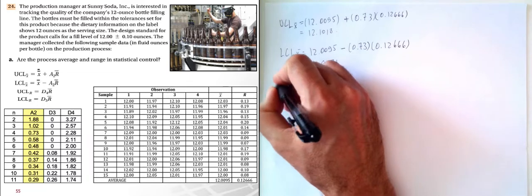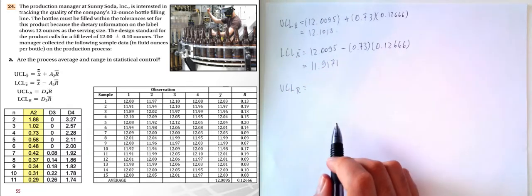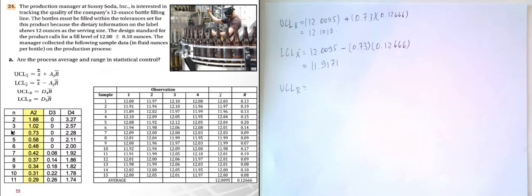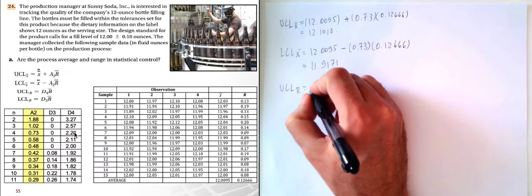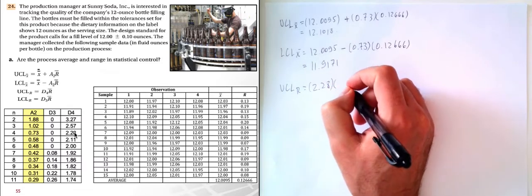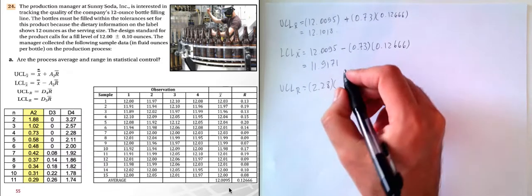Then I can calculate the upper control limit for R, and the formula is there. D4 times R bar, the same N equals 4. D4 is 2.28. So 2.28 times R bar, which is here, 0.12666.